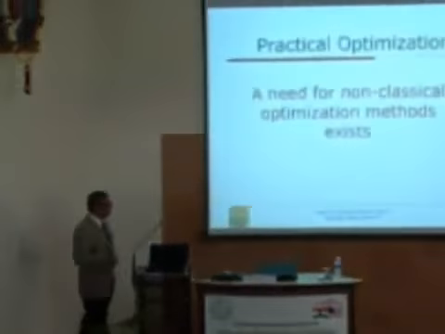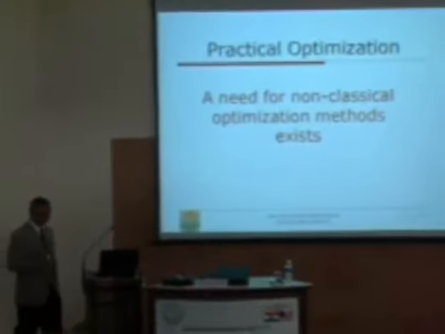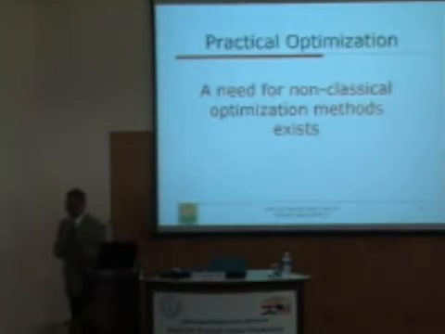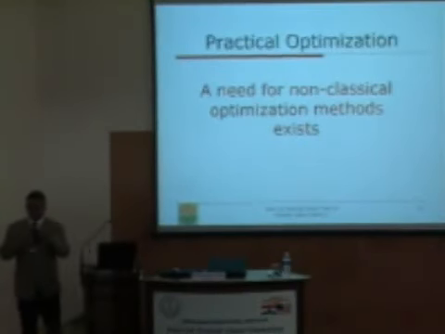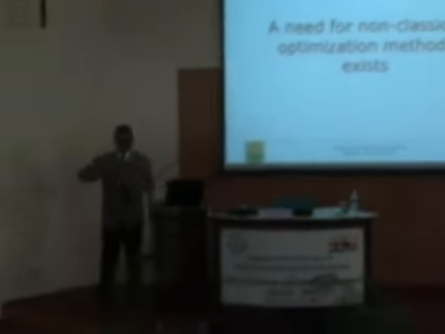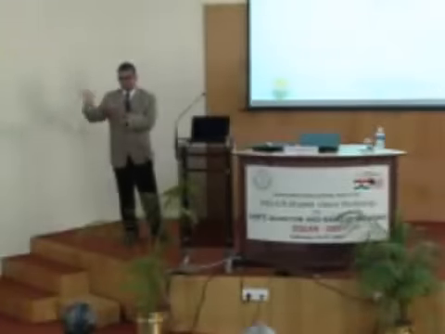So definitely, there is a need for algorithms which are non-traditional. Most of these classical optimization methods have been stereotyped: you think of solving a particular problem, you come up with an idea of an algorithm, and those algorithms work best for the problems they are suited to.